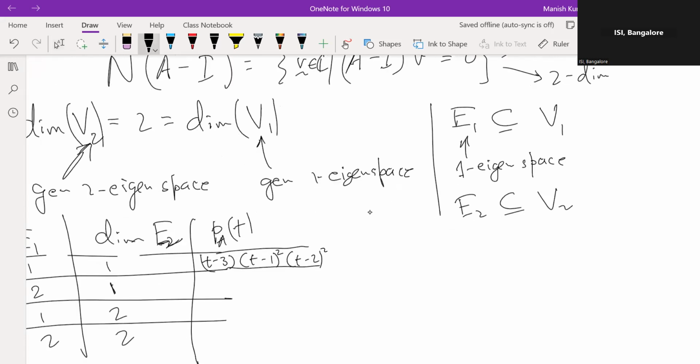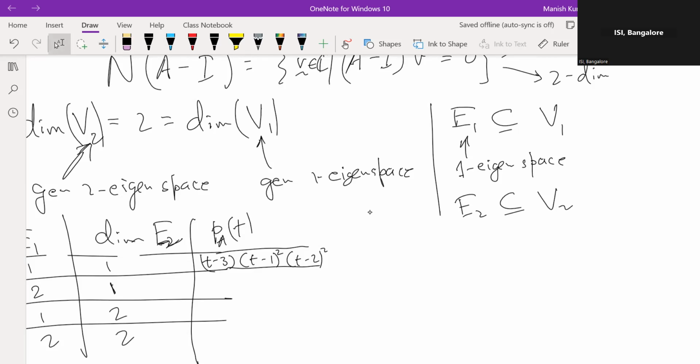Why is it 2? See, t minus 1 will not annihilate V1, because it will annihilate only E1, since E1 is the eigenspace. So t minus 1 will not annihilate the whole of V1 because E1 is different from V1. You'll have to at least square it, and as soon as you square it, it will annihilate, because the minimal polynomial has to have this factor.